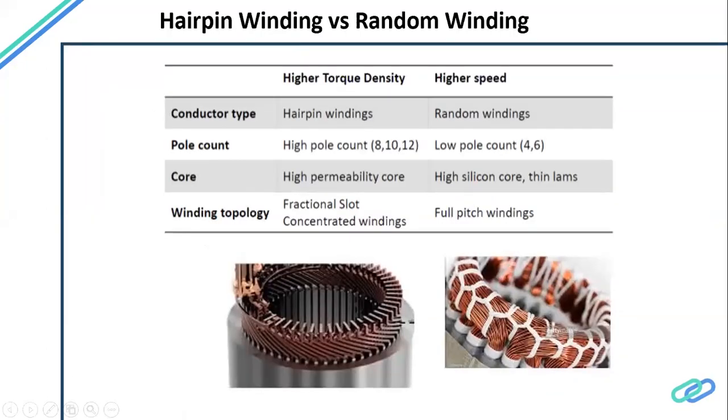So hairpin winding versus all these windings, the conventional winding, they give us very good torque density and very good thermal performance. They are predominantly used in research, and that is where the market is going.